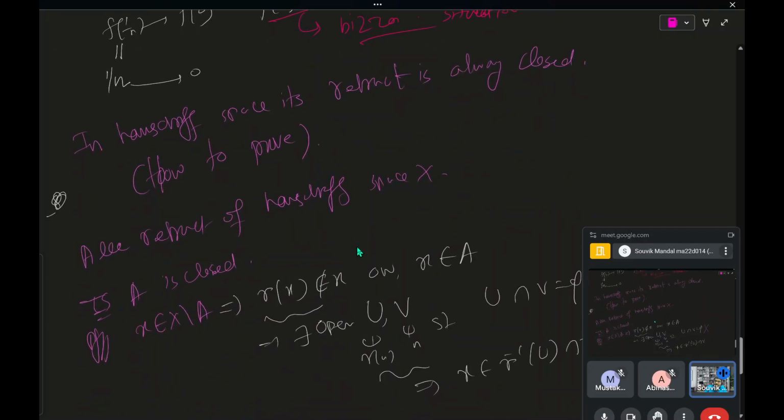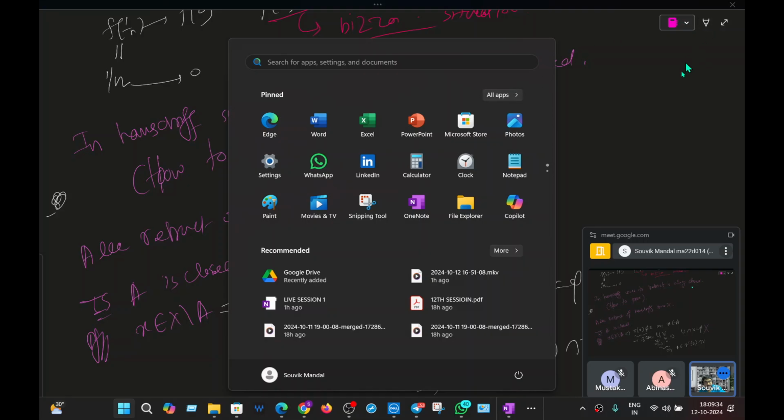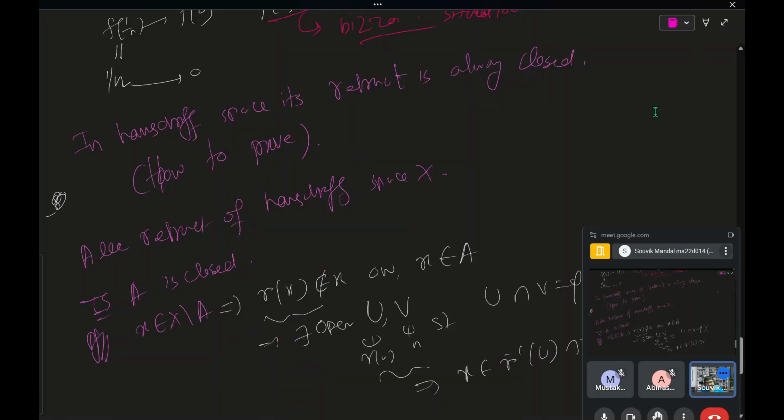Suppose A is a retract of a Hausdorff space X. In order to show A is closed, take x belongs to X minus A. So basically our target is to show that X minus A is open.